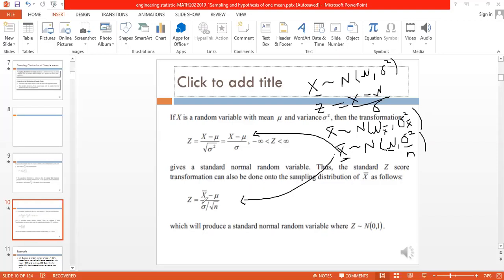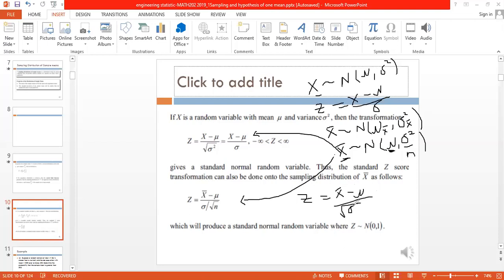So it will be X bar minus the mean over a standard deviation, okay? So the standard deviation can be written like that. Z is equal to X bar minus mu over what? The square root of what?